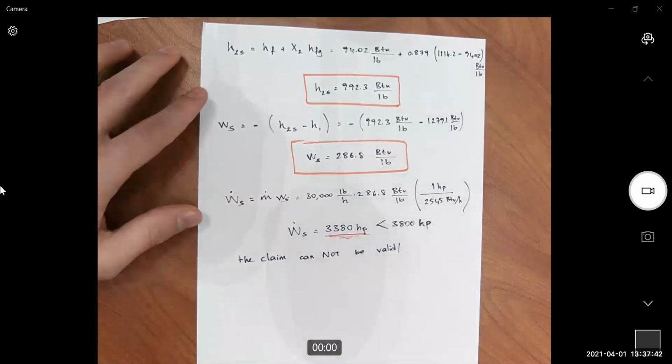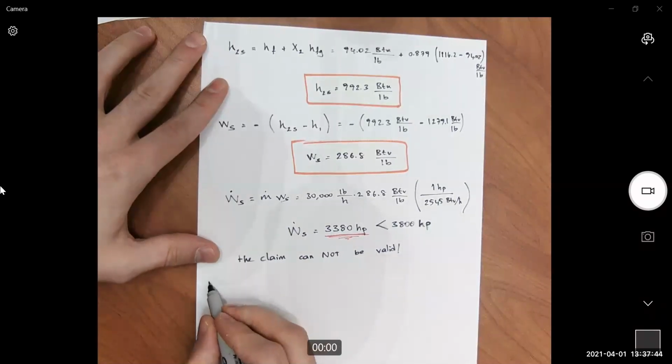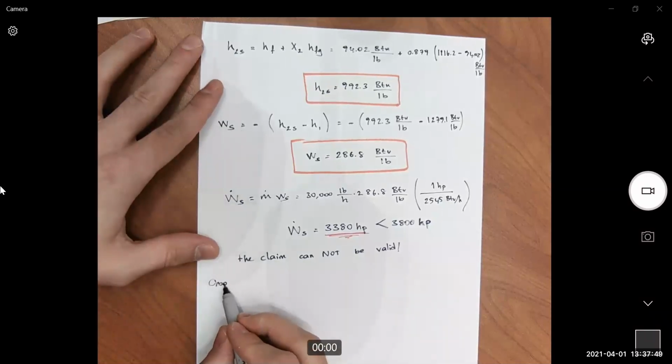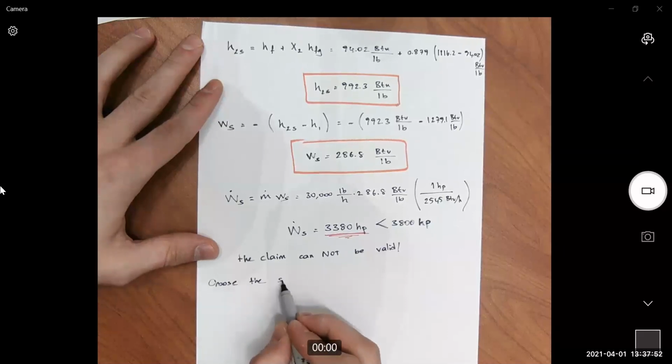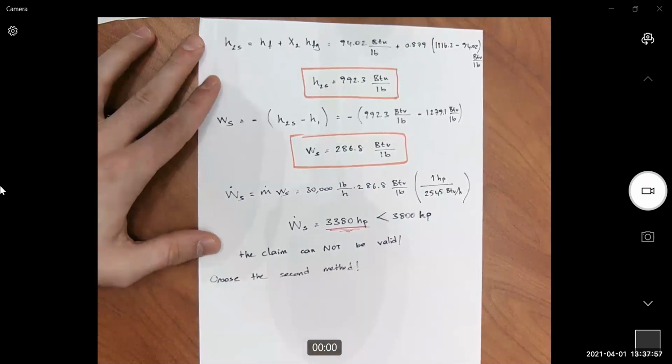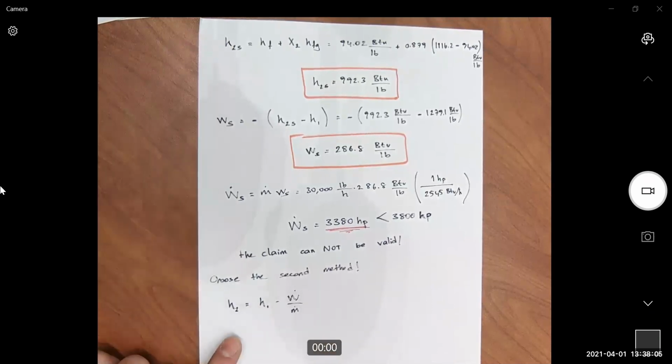Okay. Second way to check the validation, choose the second method. H2 equals H1 minus net work produced divided by mass flow rate. Delta H equals work, that's how I found it.